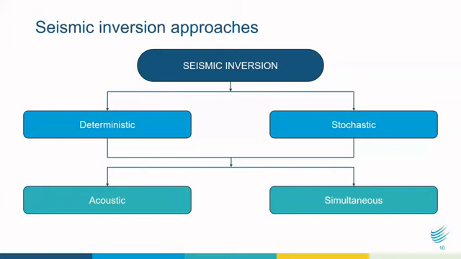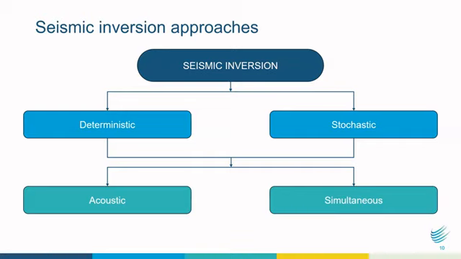If we do a feasibility study before inversion and can separate reservoir facies, reservoir zones, based on only P impedance, we can use the acoustic inversion approach. If for this separation we need to include more than P impedance, so if P impedance alone is insufficient to see the separation, we need to run simultaneous inversion.